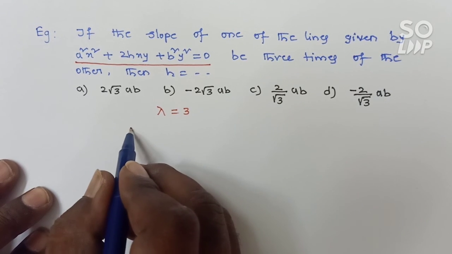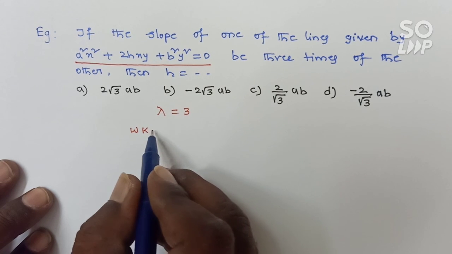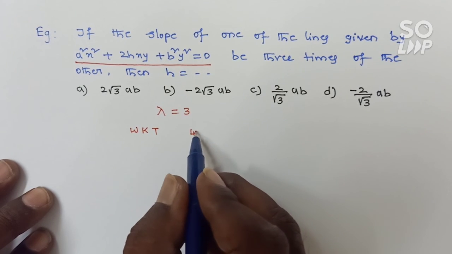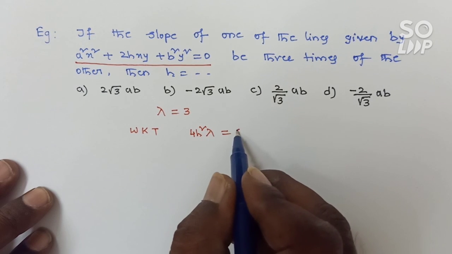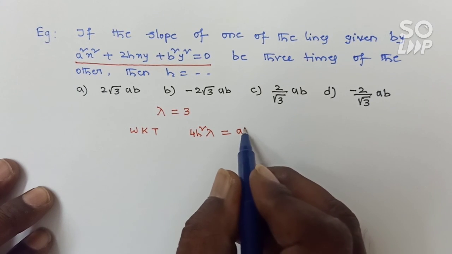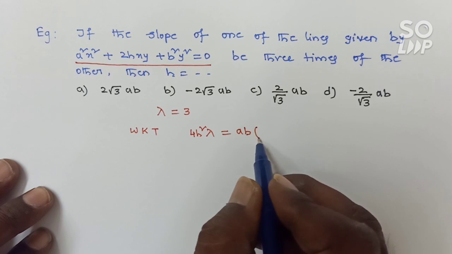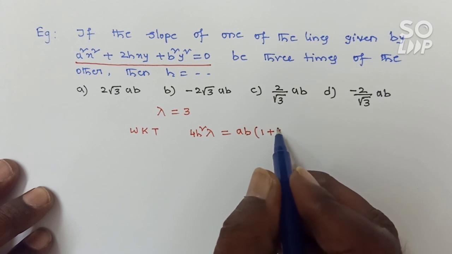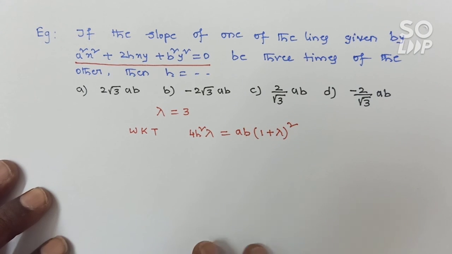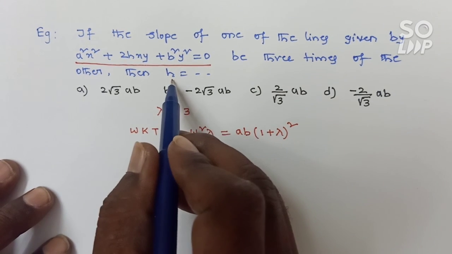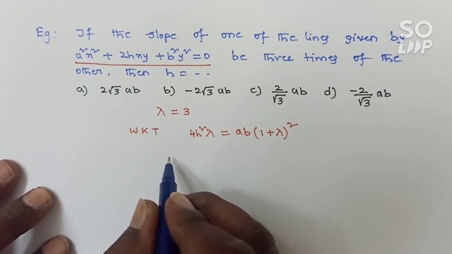What is that formula? We know that 4 into h square into lambda is equals to ab into 1 plus lambda whole square. Now the required value, you have to find the h value.